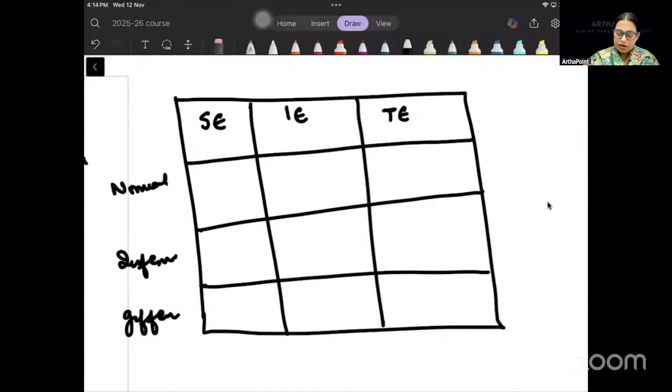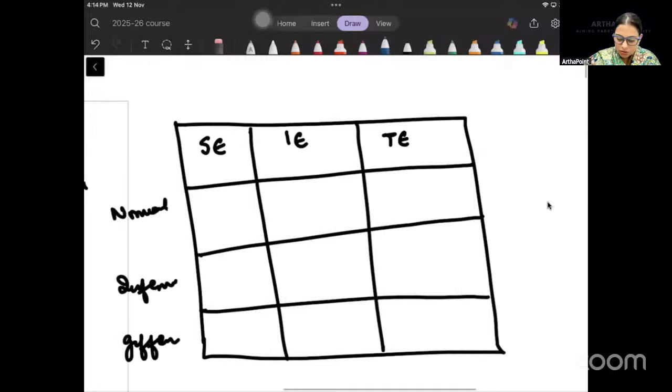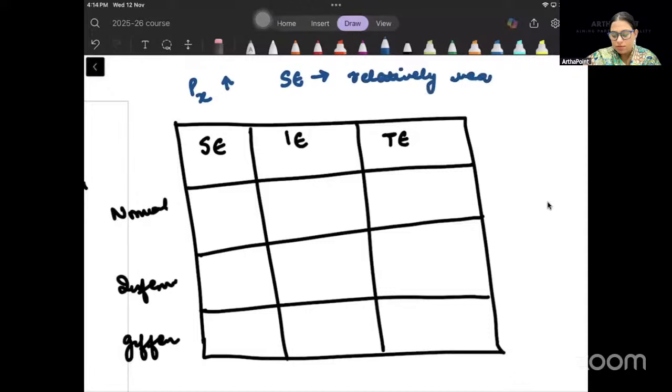Notice that when the price of any commodity increases, substitution effect says that you should go for a relatively cheaper commodity.